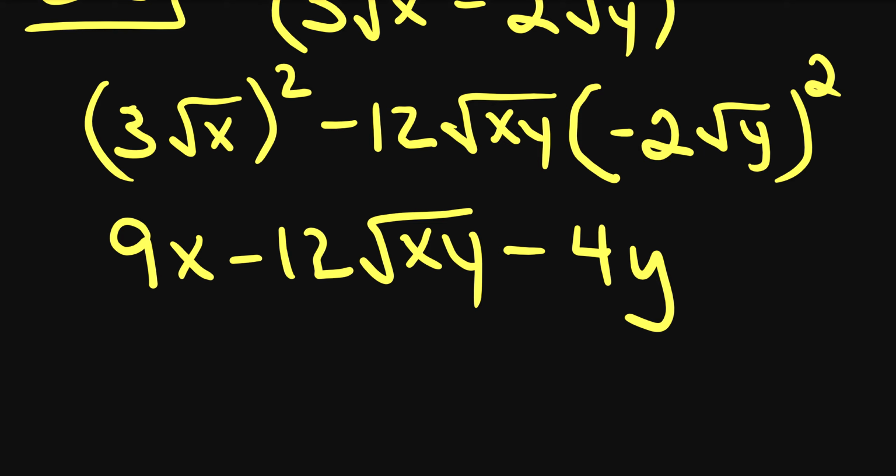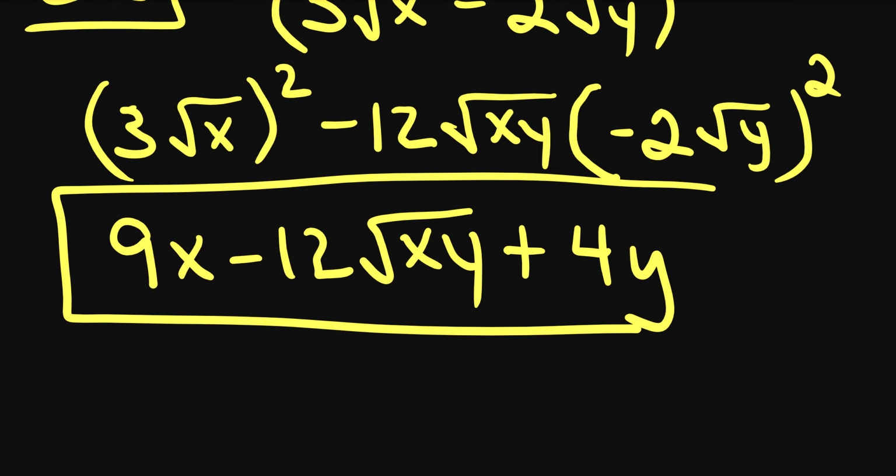If we square it, that becomes positive. So that would be plus 4y. Okay, that's what happens there. And then I'm looking for anything I can combine, which we don't have. So this is our solution for that one. Remember that part there. It's easy to let that negative remain on the outside.